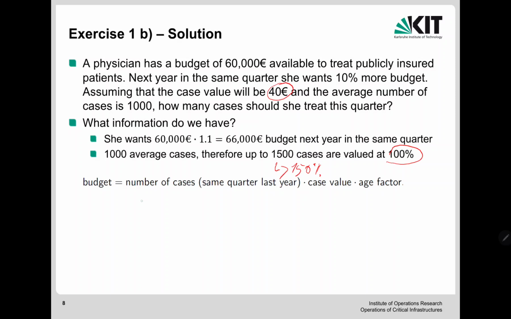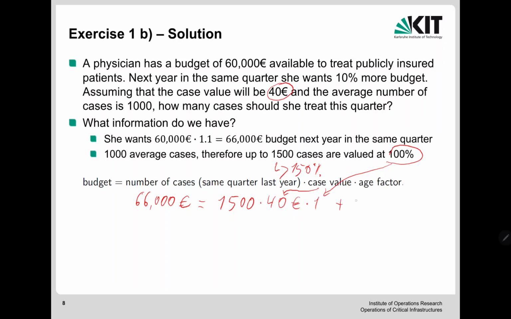And that means, so again, our formula: she wants 66,000 euros next year, same quarter. We know that 1,500 patients or cases will be evaluated at 40 euros. This is the case value. Okay, and multiplied by 1, which is 100%. So this is coming from here.